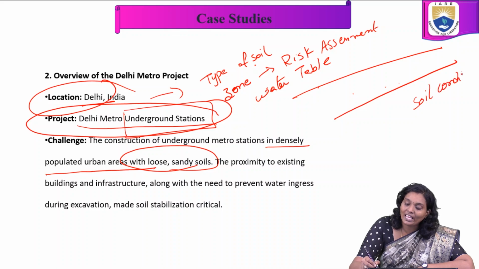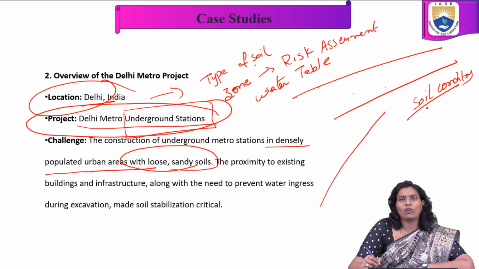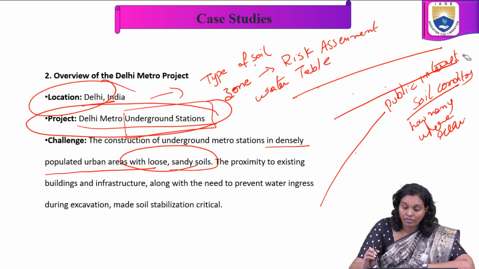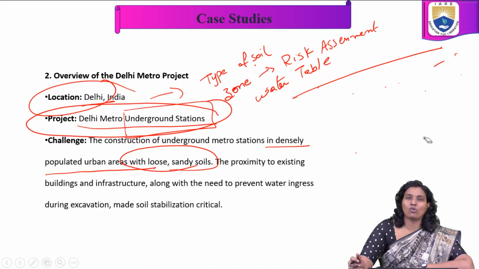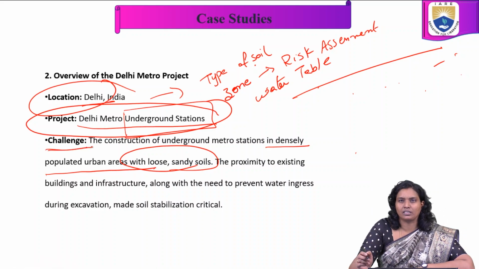If we considered only soil conditions to finalize the alignment, it may not give the same result, because the alignment depends on how many people will use it and where the requirement is, as per public interest. So we may construct in these loose and sandy soils also. This is the challenge involved in this project.